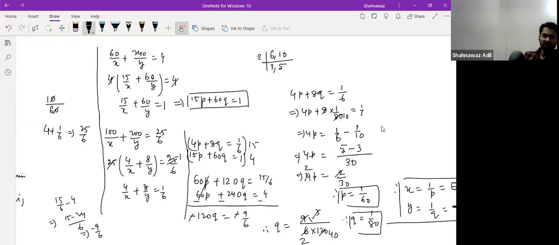Okay, so any doubt in this problem? This was a lengthy calculation actually. Adil, do you have any doubt in this question?